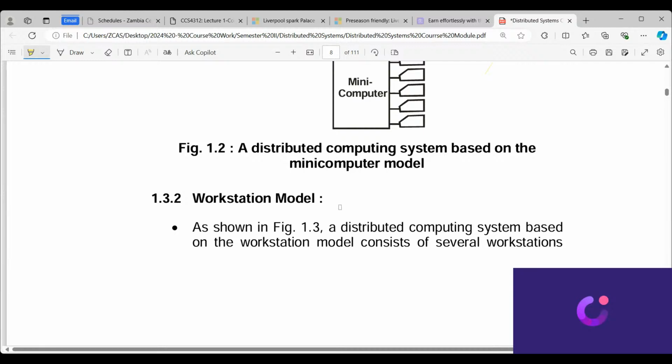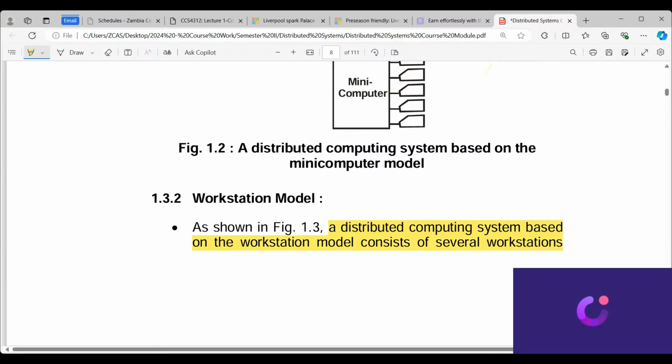Workstation model. This is another model. In addition to mini computer, we have the workstation model. Okay, so this one is shown in figure 1.3. A distributed computing system based on the workstation model consists of several workstations.